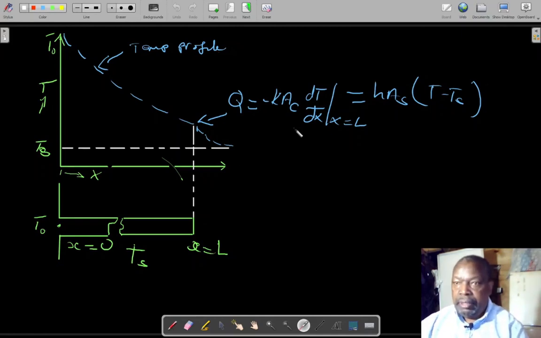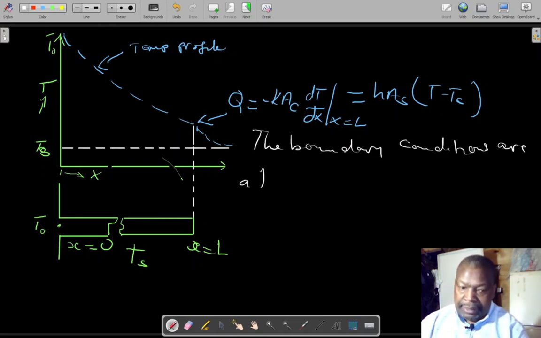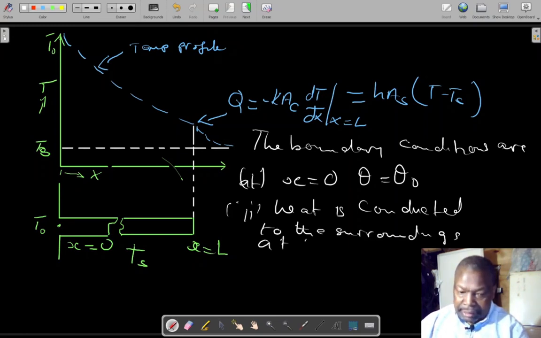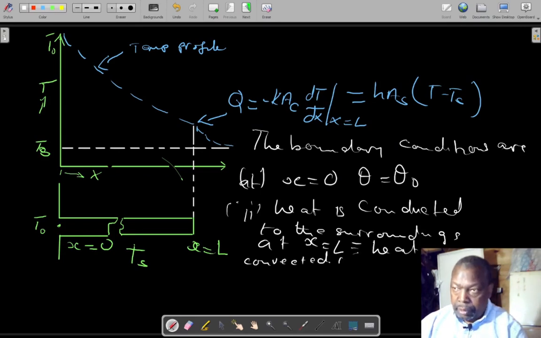Now for this particular case, the boundary conditions are: at x equals 0, theta is equal to theta naught, and heat is conducted to the surroundings at x equals L, and that is the heat convected from the end to the surroundings.